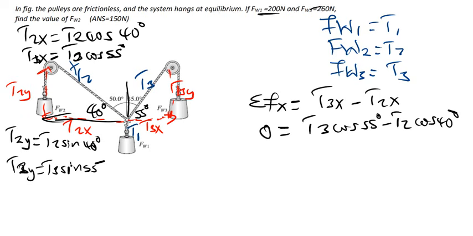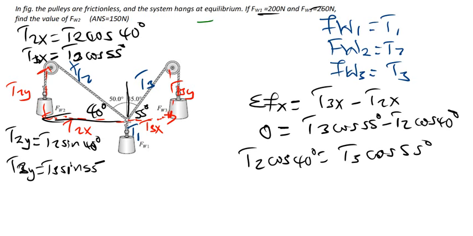I can shift T2 to the other side, so T2 cos 40 degrees will be equal to T3 cos 55 degrees. At this point, we have been given FW1, meaning we have T1. My T1 is 200 newtons.